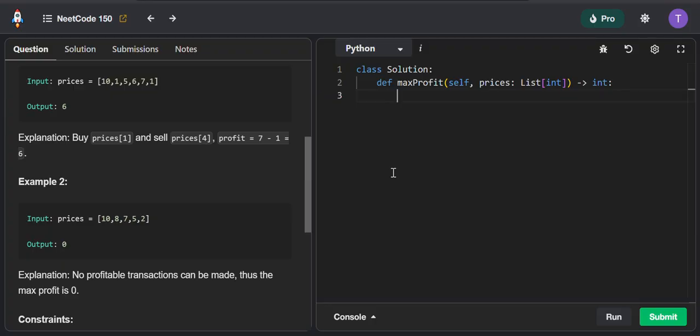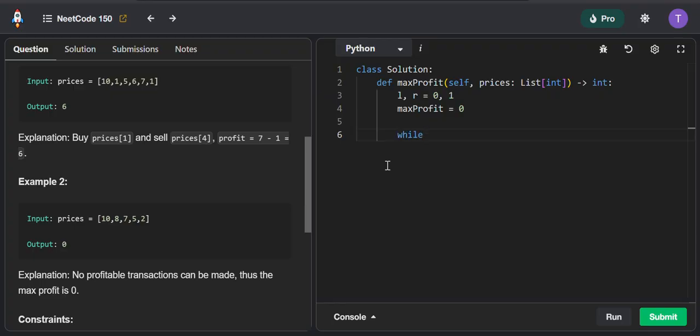Okay, are we ready to code this? First we have to write the left index and the right index equal to 0 and 1 respectively, and let's call this the max profit. This is going to be equal to 0 first.